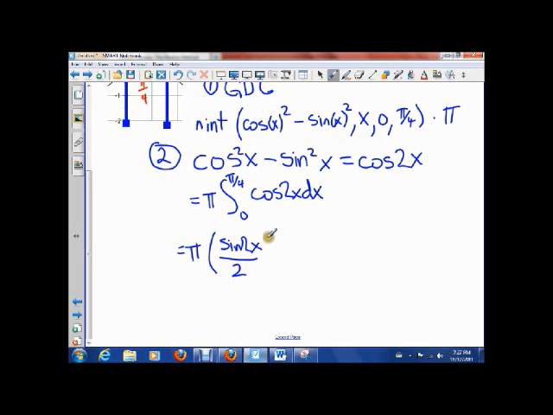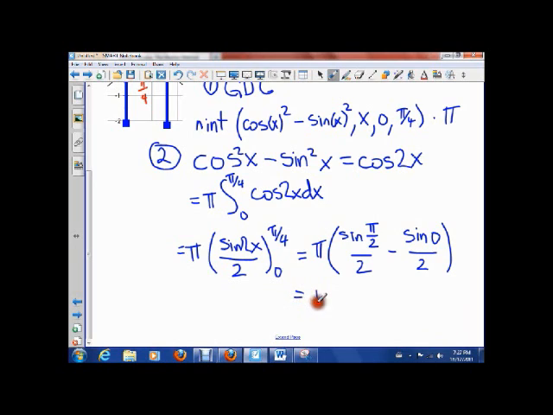divided by 2 from 0 to pi by 4, which means that it's going to be pi times sine, and then 2 times pi by 4 is pi by 2, over 2. So there's my upper bound, and then I'm going to sub in my lower bound, sine 0 over 2.